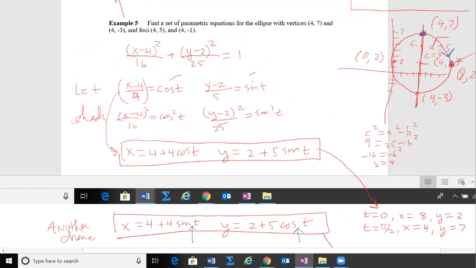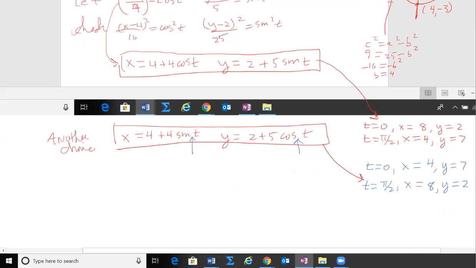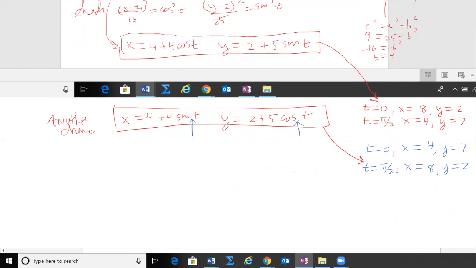Meaning, if t were time, then we could alter how fast it gets around. For the same amount of t, how fast did the point actually make a full revolution around that ellipse? We can affect the period of that progression. So that's kind of neat to play with if you can do it quickly. Calculators are nice for that.